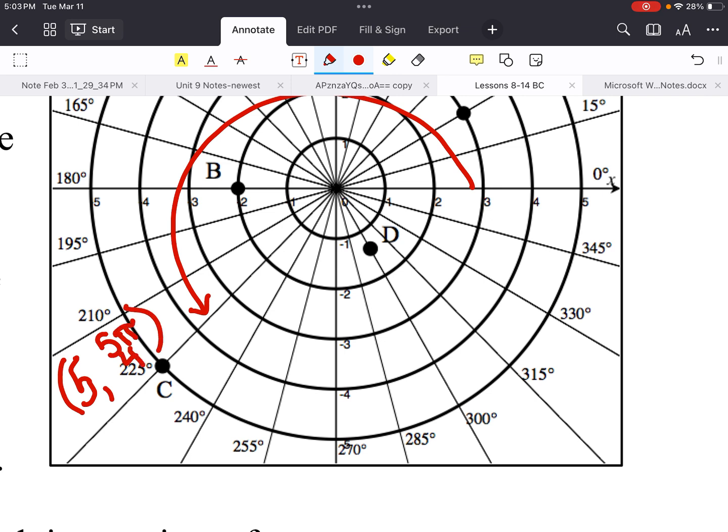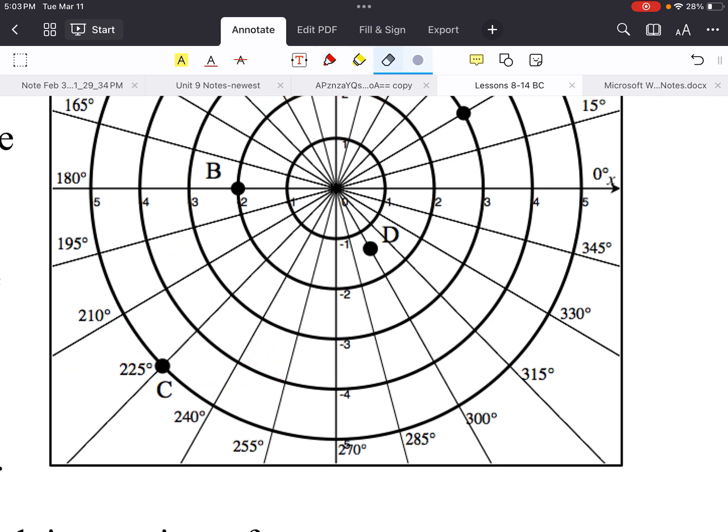But I could also name it 5, negative 3 pi over 4. The point is in the same spot. The only difference is what direction did I take to get there? Did I start at the origin and go clockwise, or did I start at the origin and go counterclockwise? So we can have positive angles, we can have negative angles.